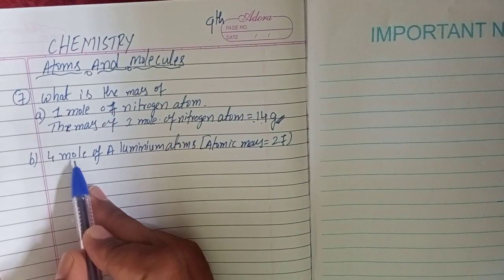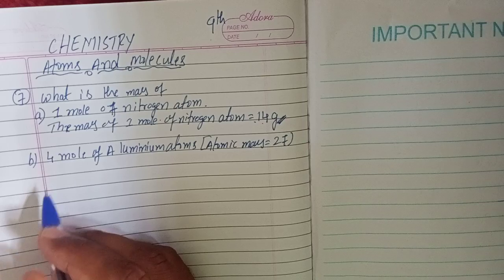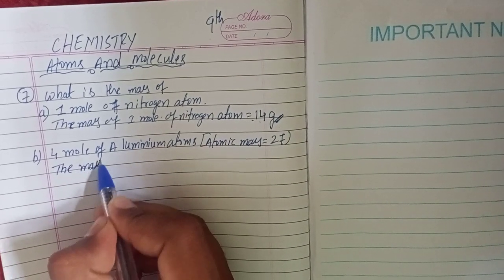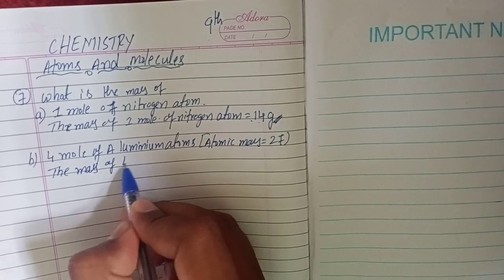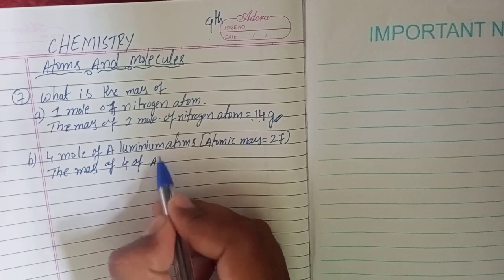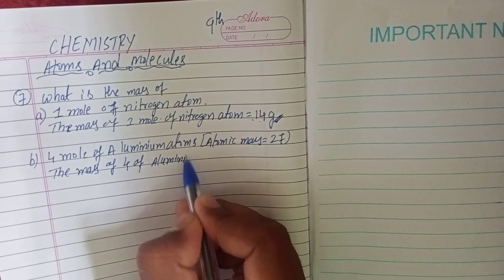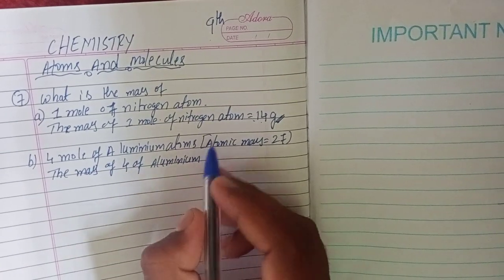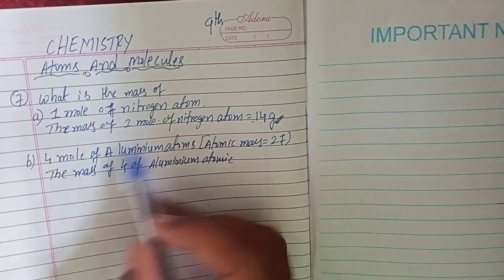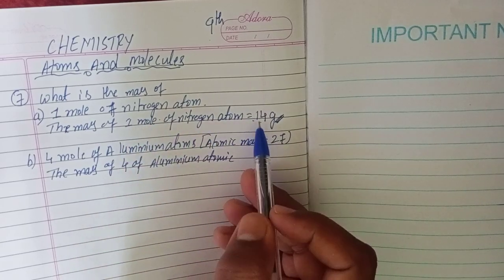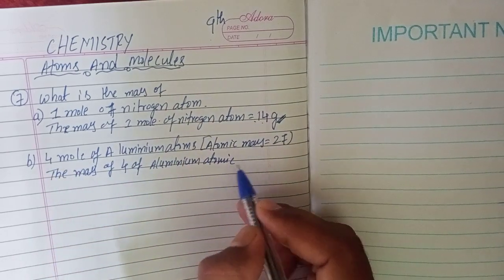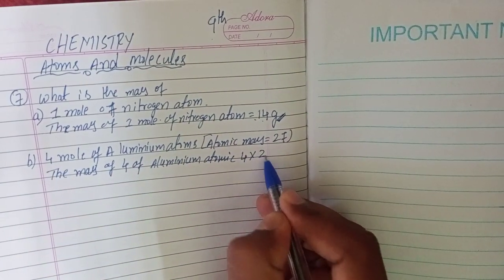For this you have to calculate the mass. In the same way, the mass of 4 moles of aluminium atoms is, so how many moles here? For 1 mole, you directly write 14, but here 4 moles are there, that's why 4 into 27.